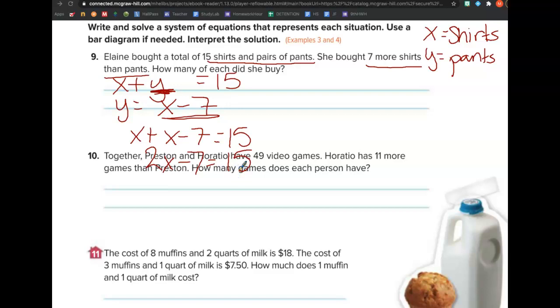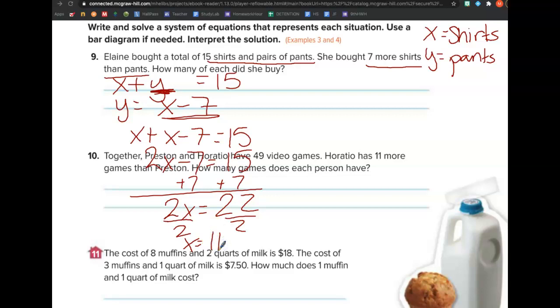Now I need to get rid of that minus 7, so I'm going to add 7 to both sides. So I get 2x equals 22. What would I do last? Divide by 2. So what do I get? 11.